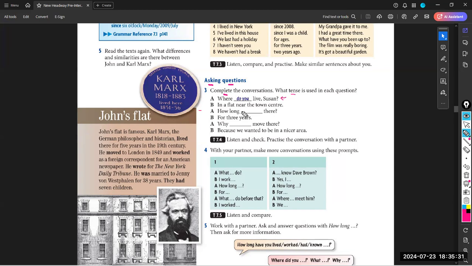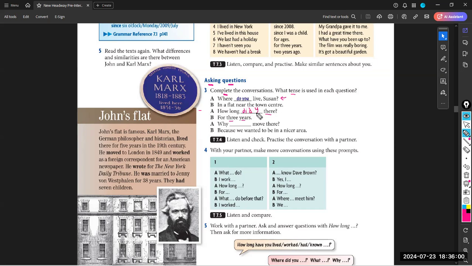Okay, 2. How long there? For 3 years. How can I complete this question? How long did you live there? Did you live there for 3 years? How long did you live? Yes. Okay, how long did you live there?